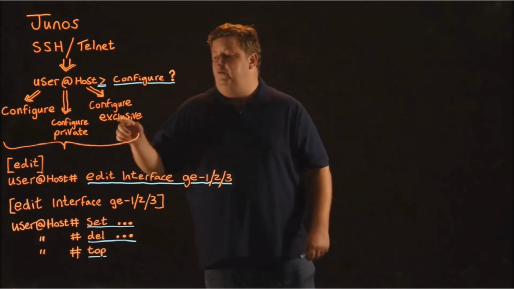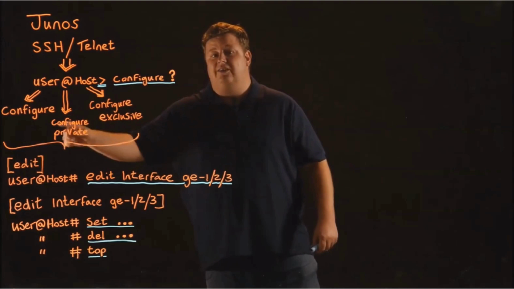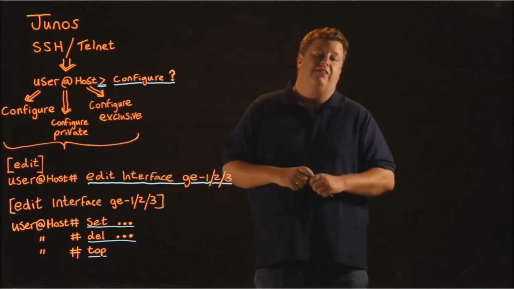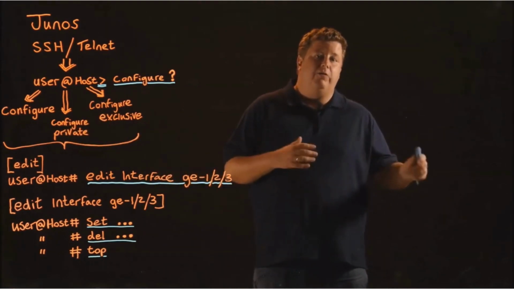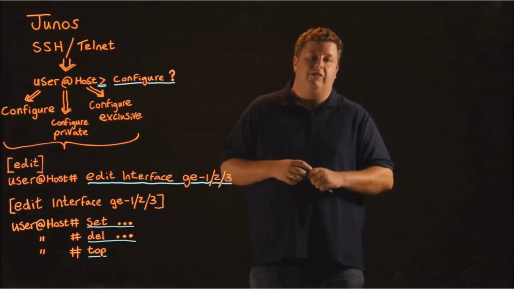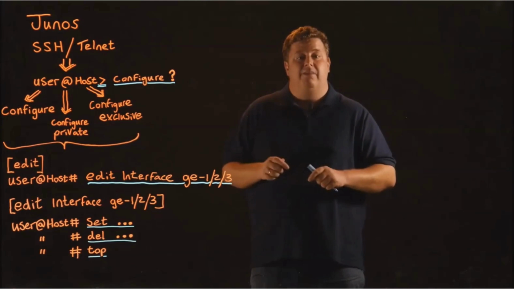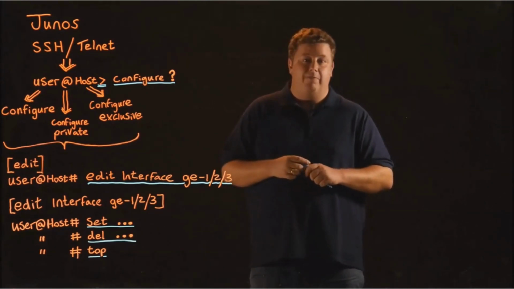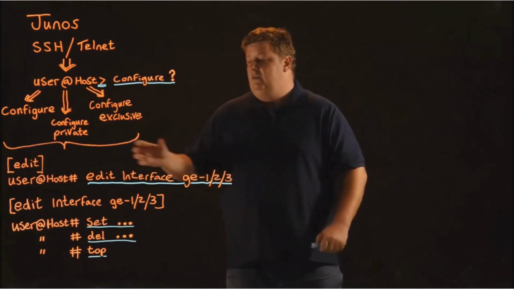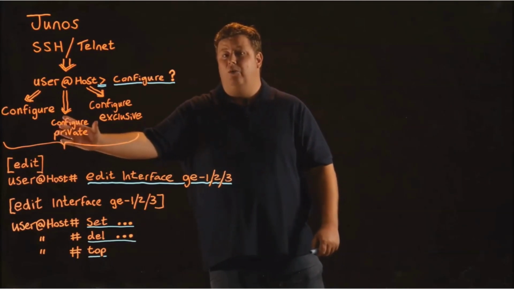That's going to take us into config mode, but each user is now going to get their own private candidate file. Change it in any way they wish without affecting the current running configuration. And the moment they're ready, they're going to commit, and they're only going to commit the changes they've made to their private candidate file. So 99% of the time, this is how we want to enter configuration mode in Junos.